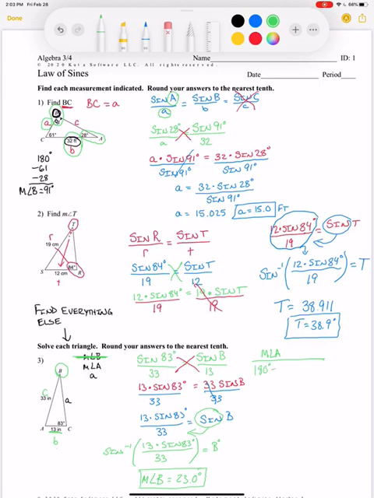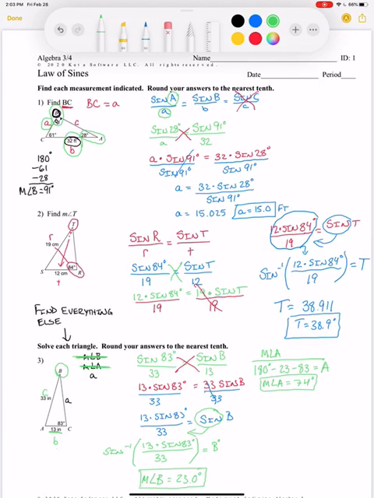So if I subtract angle B, which I just found to be 23, and subtract angle C, it'll leave me with angle A. So I have 180 minus 23 minus 83, and that leaves me with the measure of angle A equaling 74 degrees. I'm going to cross that off my list.